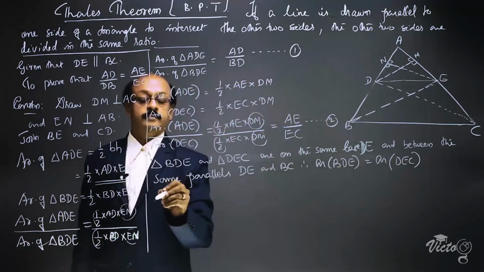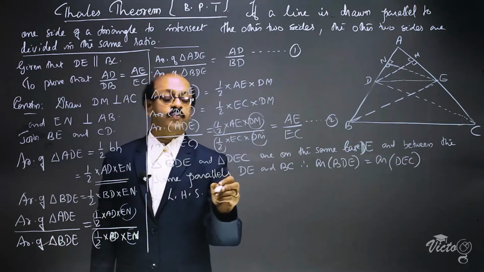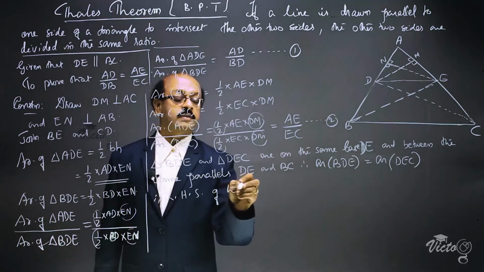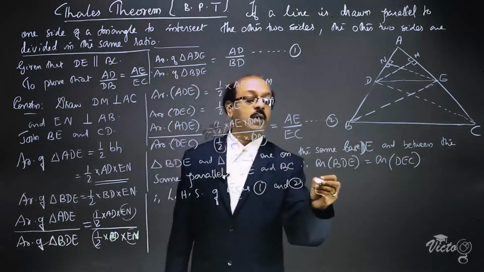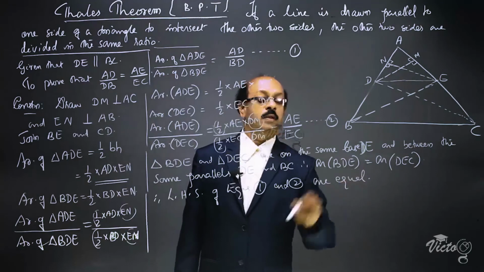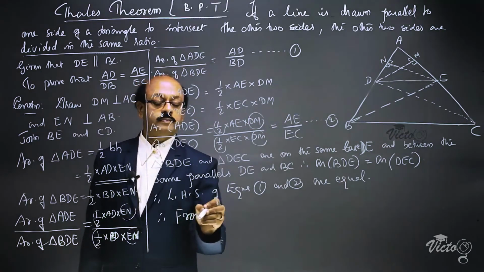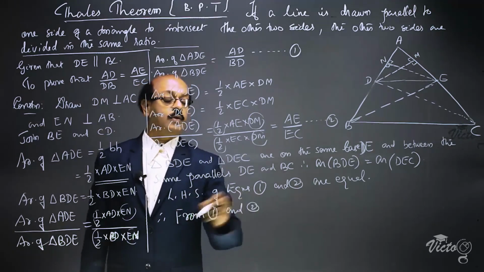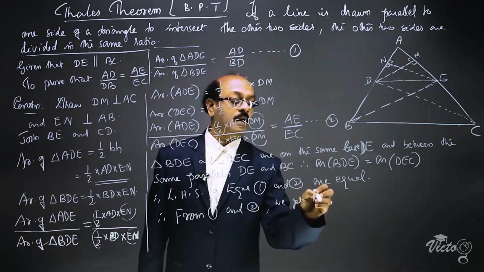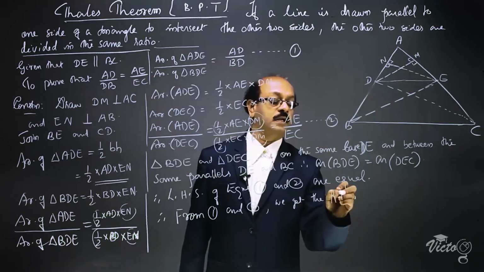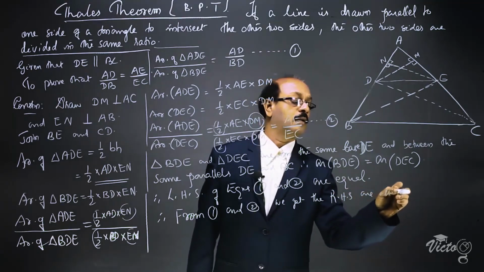Therefore, the left hand sides of equations 1 and 2 are equal. So from 1 and 2, we get the RHS are also equal.